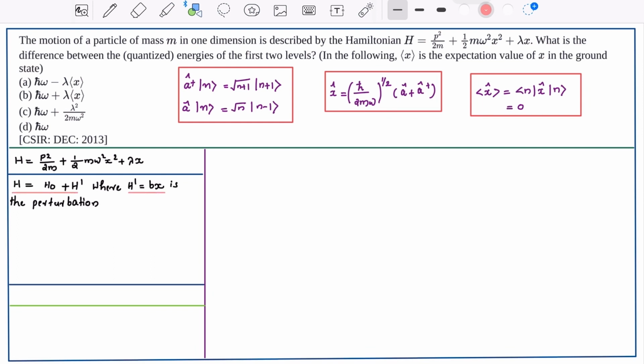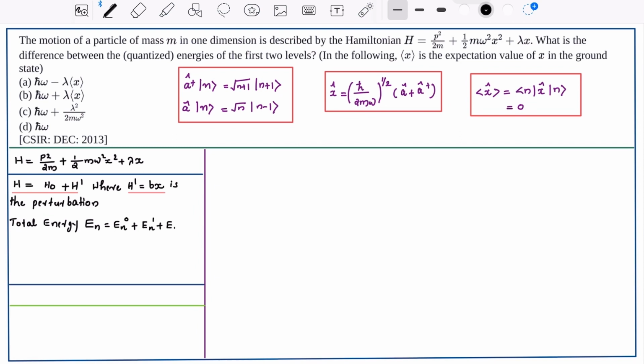So a perturbation lambda x is applied to the Hamiltonian p square by 2m plus half m omega square x square. Now the energy is changed. We have to find out the difference between the energies of the first two levels. Now when the Hamiltonian is this, what is the total energy?